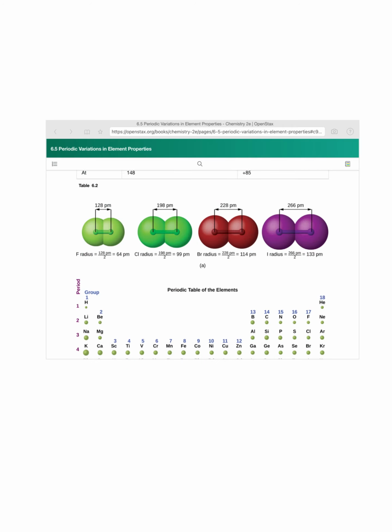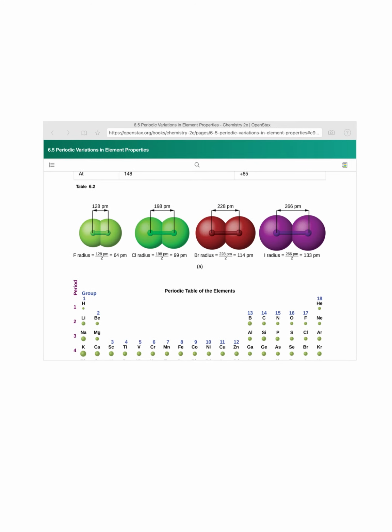All right, back to the open textbook. You can see on here, this is actually showing you how the atomic radius is determined. Let's look at this one right here.